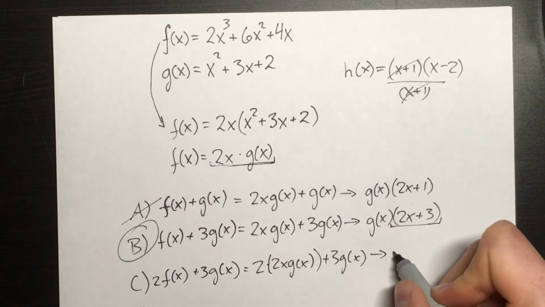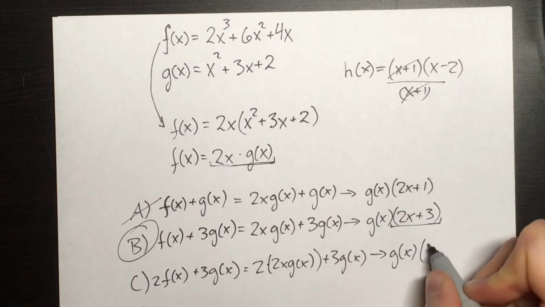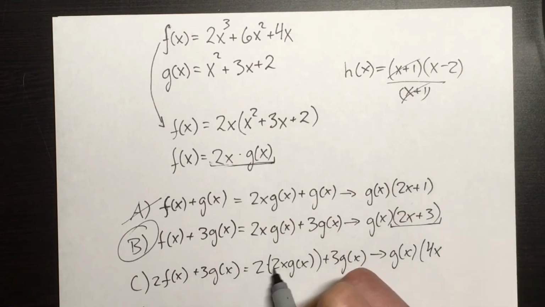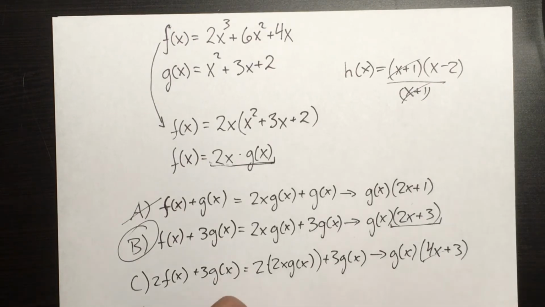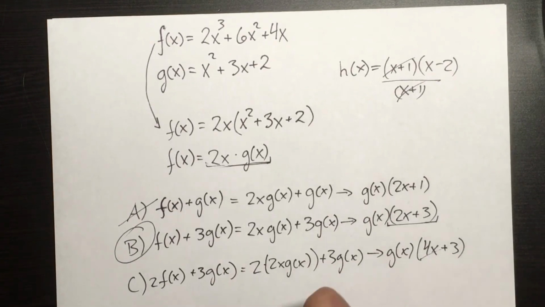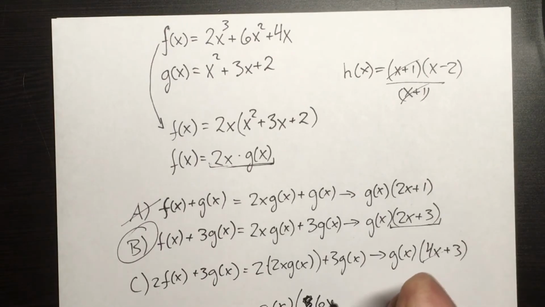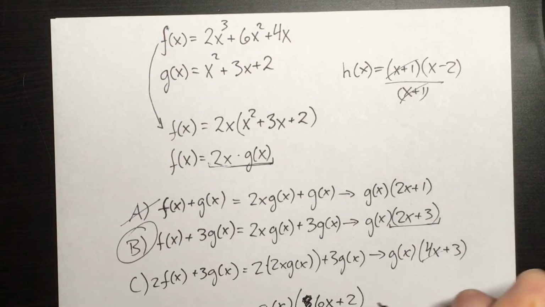Factor out our g of x, you get g of x times 4x plus 3, because 2 times 2 is 4. So that's not what we're looking for. And for D, once you get it all through, you'd get g of x times 6x plus 2, I think.